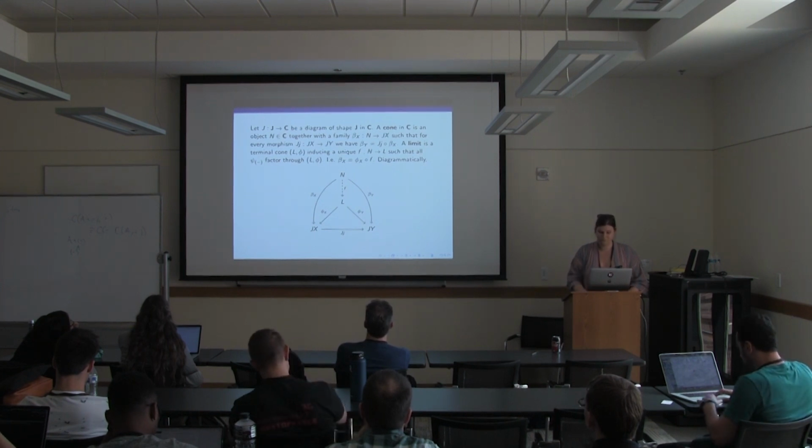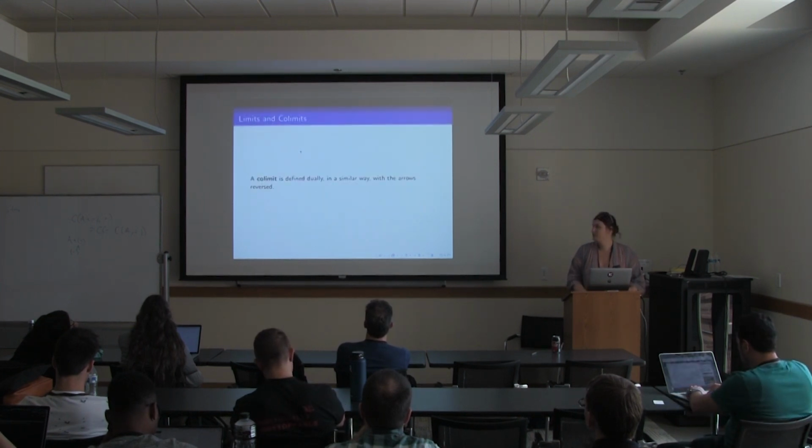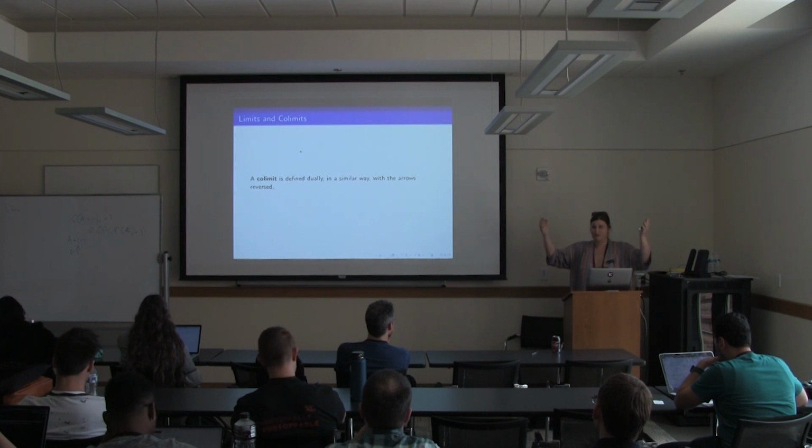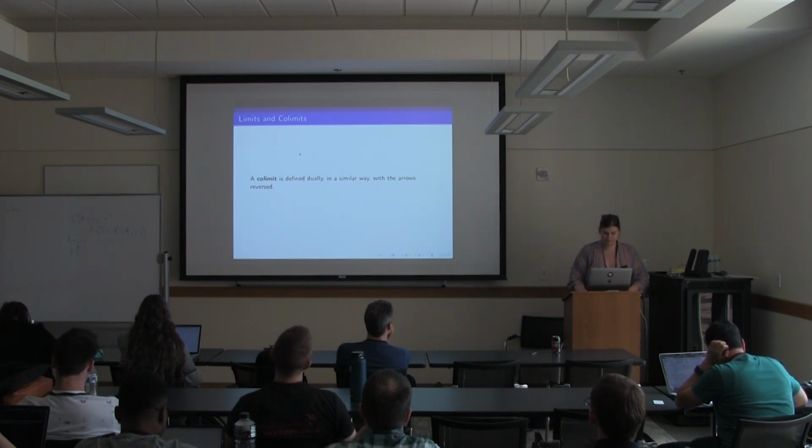Right? Just reverse the arrows. And you've got a colimit. Now, I claim without proof that these two constructions are functors. And actually, we can sort of operationally understand them to be functors because we've all constructed the product functor and the coproduct functor, which is just either, you know. And we know what that looks like.